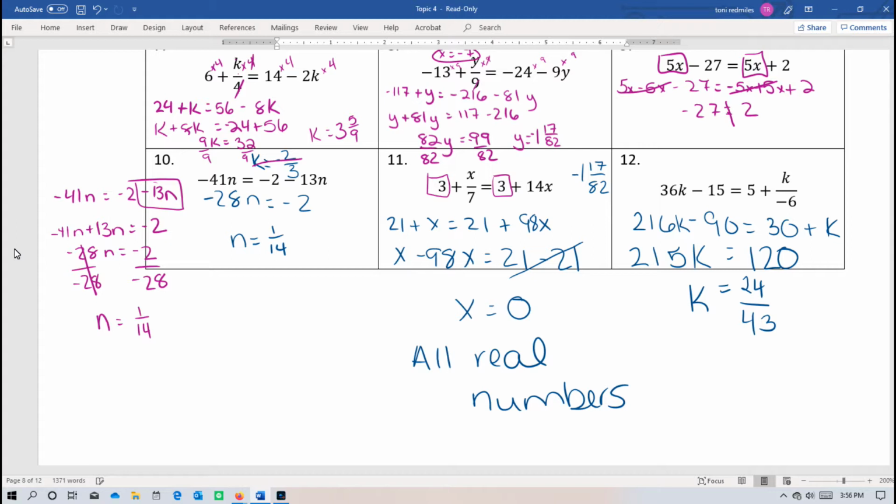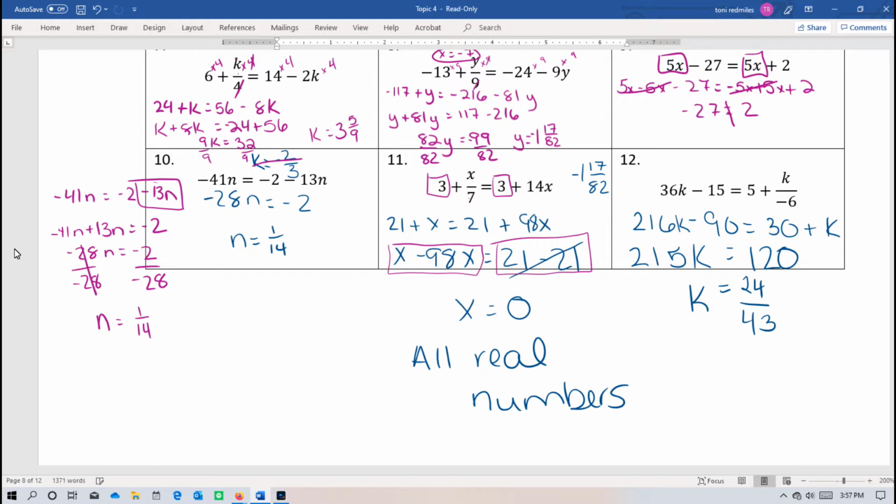All right, so first thing is I multiplied everything by 7, and you should get 21 plus 7 equals 21 plus 98x. Now, if I decide to get my x's together, as I did here, and my 21s together, as I did here, you see that they subtract each other, okay? And if that happens, it becomes a 0, all right?